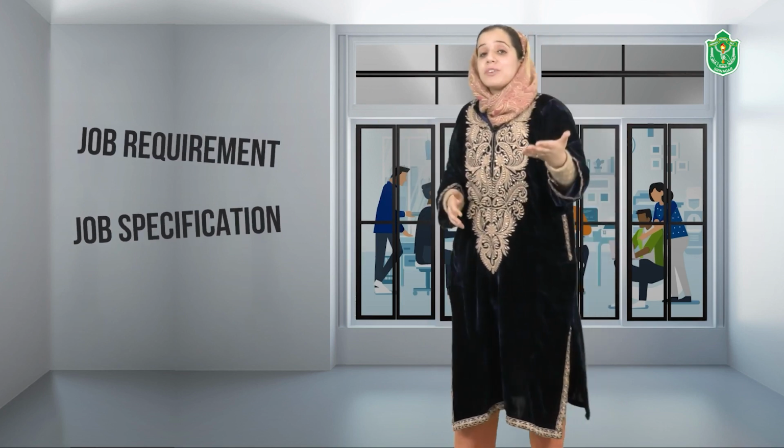And job specification is a written statement which tells us about the minimum requirement, human qualities, which are required for the particular job. So recruitment helps in locating a candidate who will fulfill the job requirement and job specification.